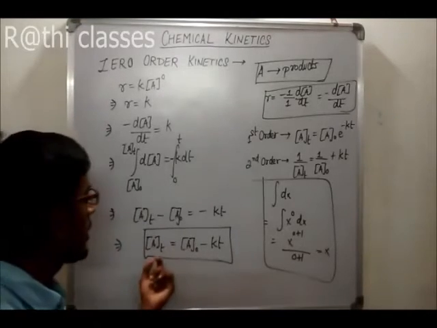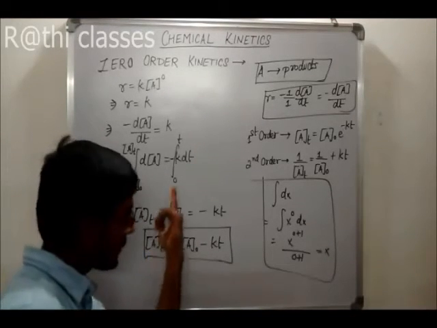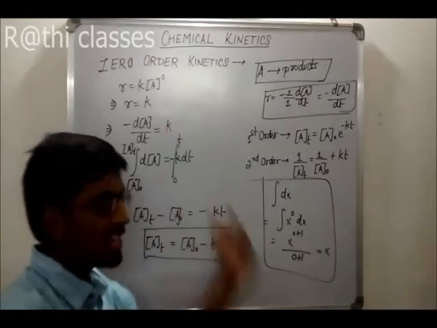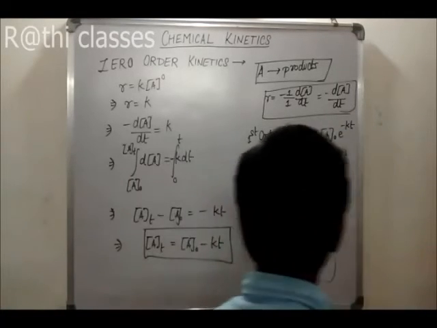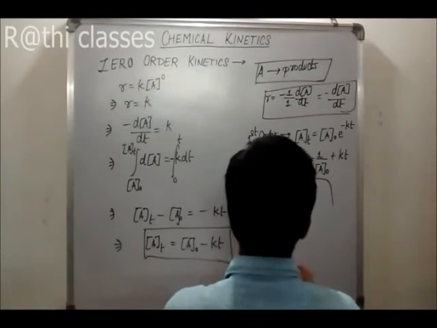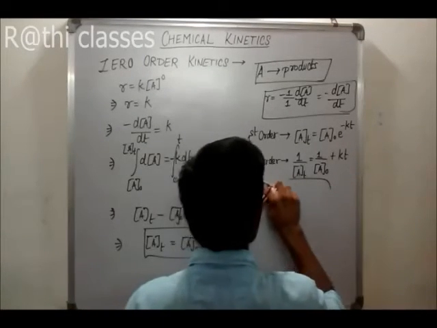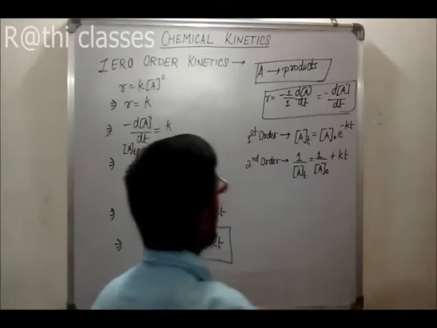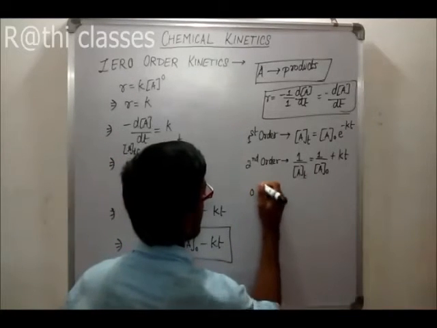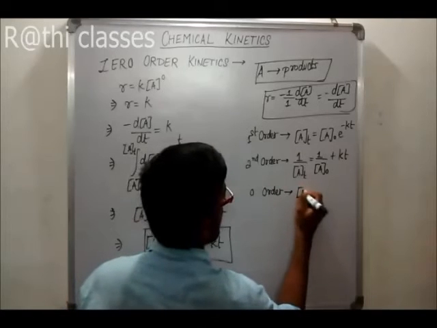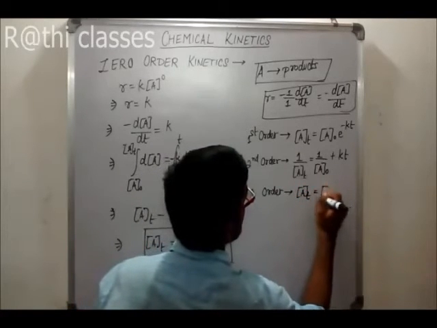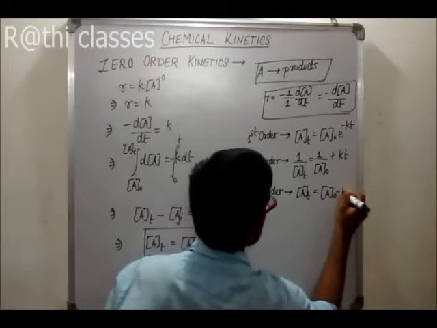This is the relation between the concentration at time t with t using the initial concentration and the rate constant. So for the zero order reaction, it's At is equal to A naught minus kt.